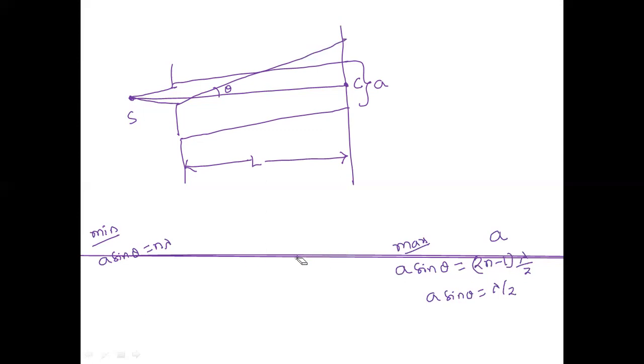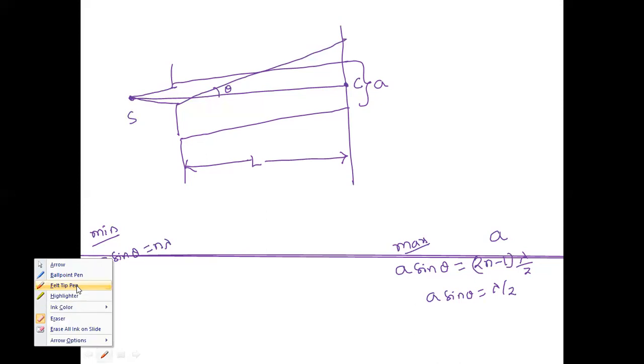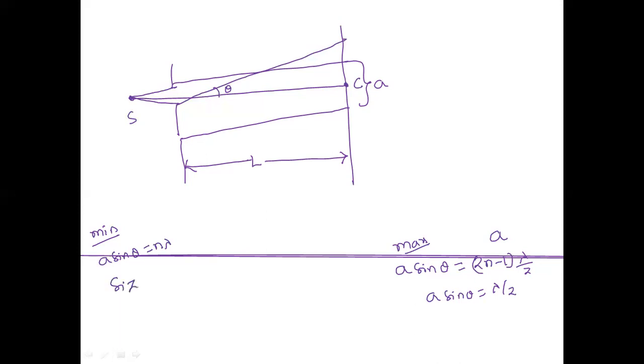Now you can see that it is A sin theta equal to minimum. So the size of the spot is indicated by B.